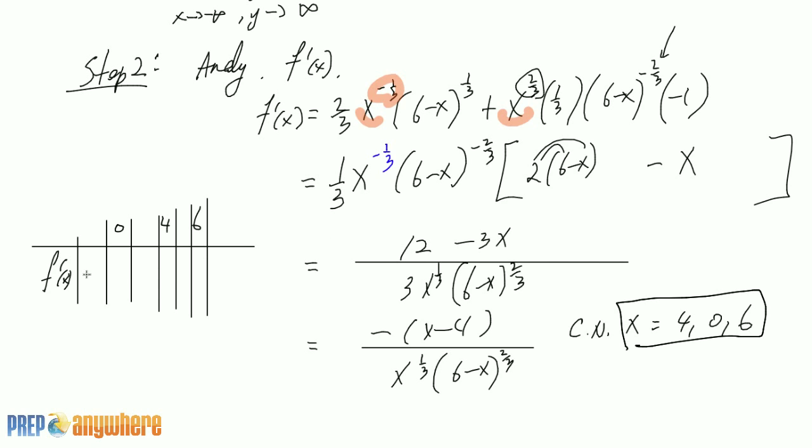Okay, so we have a division. This one here, the 6 minus x to the power of 2 over 3, is the only one that's going to be always positive. Okay, listen carefully here, please. These two have the same sign as x and x minus 4. So overall, the sign will be determined by this x minus 4.